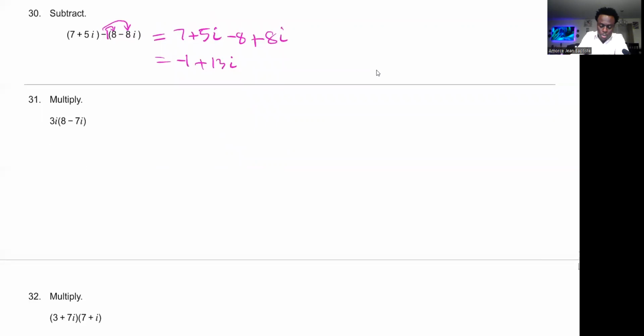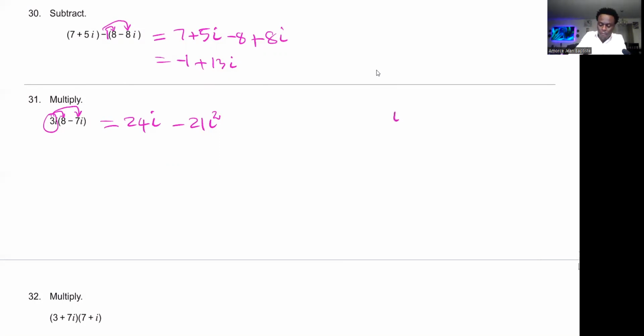Next, distribute this 3i over everything inside. That would mean 24i when we get 3i times 8. And then minus 21i squared, because we multiply 3i and negative 7i. It stays negative. 3 times 7, 21. i times i is i squared.